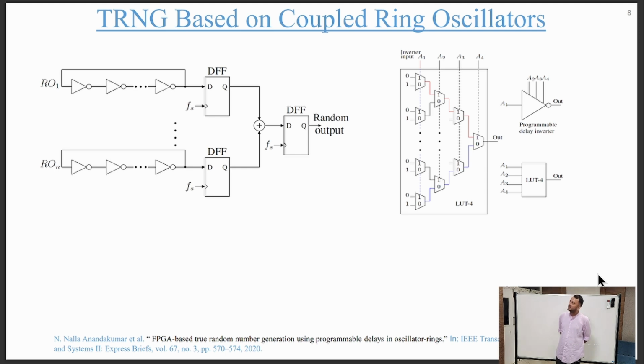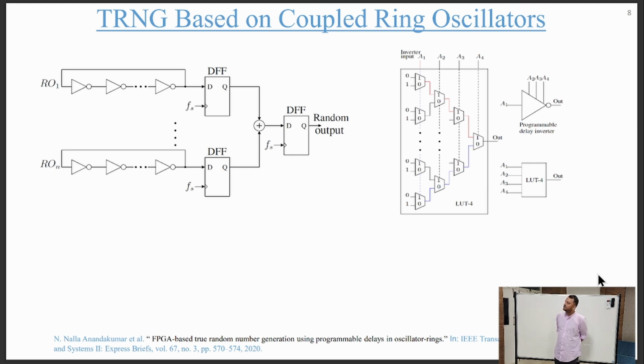These coupled ring oscillator based TRNGs are designed using FPGAs. But the issue with these ring oscillator based TRNGs is that they might suffer from frequency locking problems, so multiple ring oscillators might become correlated in the long run.